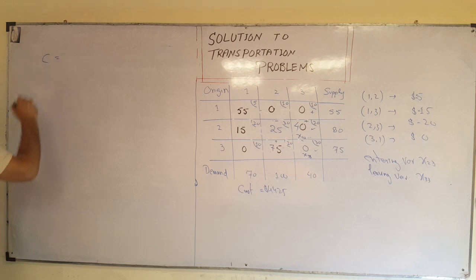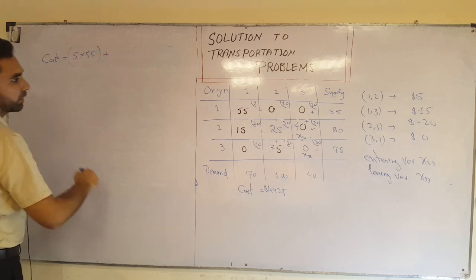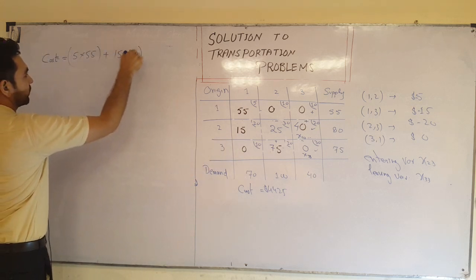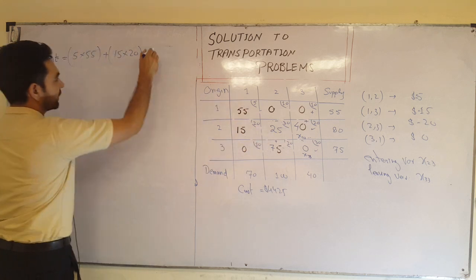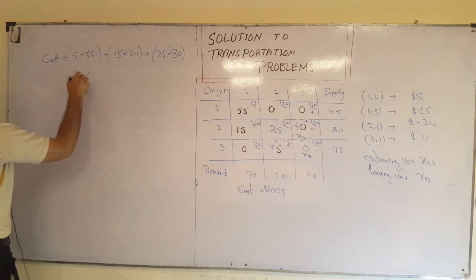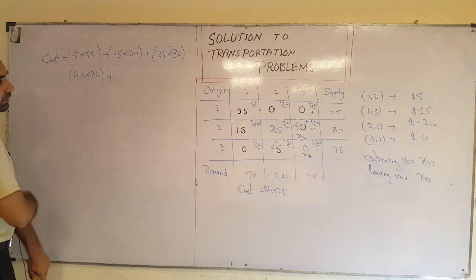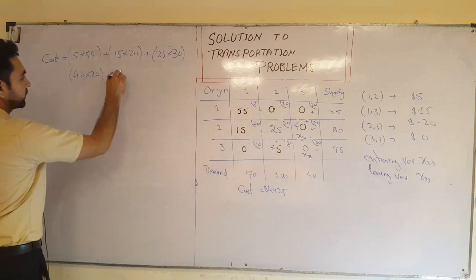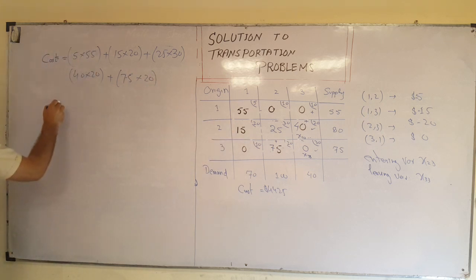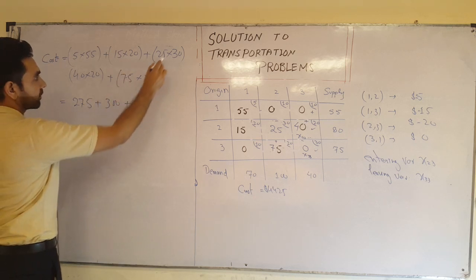So the cost would be 5 times 55 plus, this is 0, this is 0, I'm not going to calculate that, 15 times 20 plus 25 times 30 plus 40 times 20 plus, this is 0, I'm not going to calculate this one, plus 75 times 20, and that one is 0, so we don't need to calculate that one.